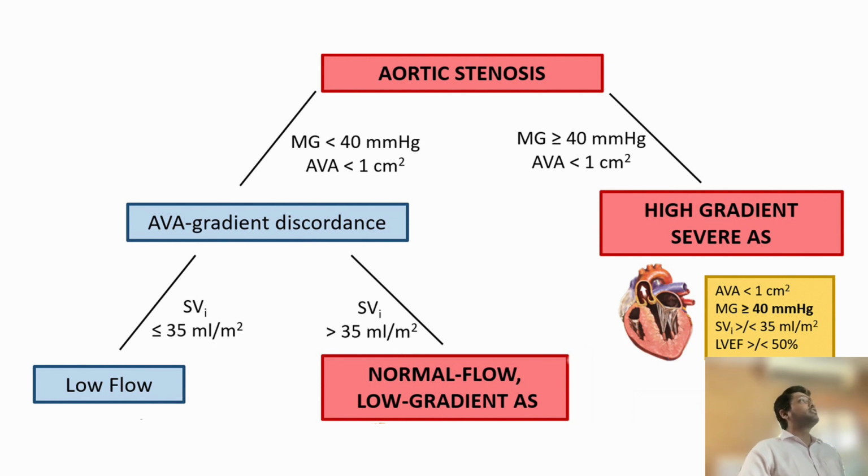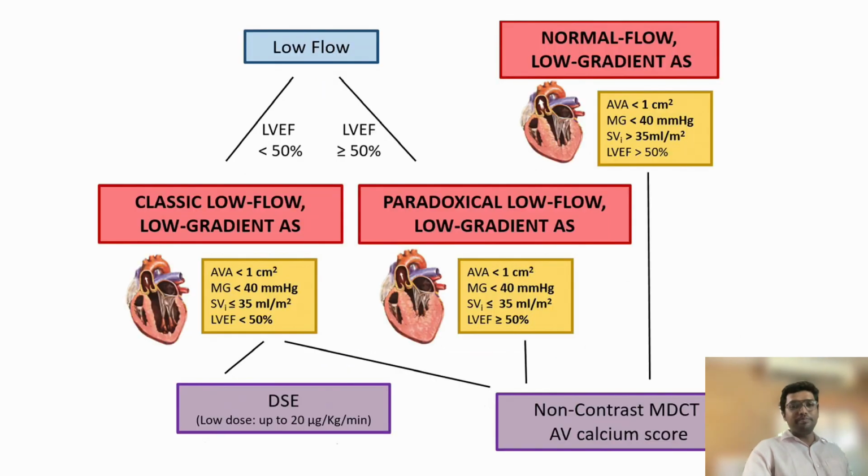If the stroke volume index is more than 35, then it is a normal flow low gradient AS, or it is a low flow AS if the stroke volume index is less than 35 ml per meter square. If we get low flow, then we see the ejection fraction. If it is less than 50%, it is a classic low flow low gradient AS, and if the ejection fraction is more than 50%, it is a paradoxical low flow low gradient AS.